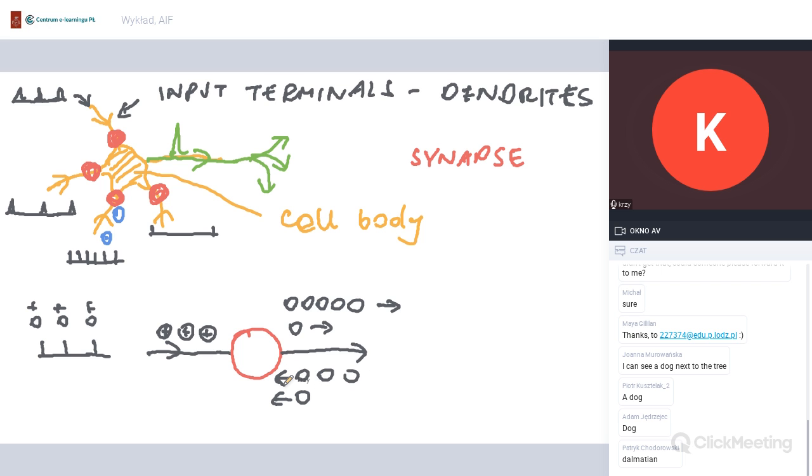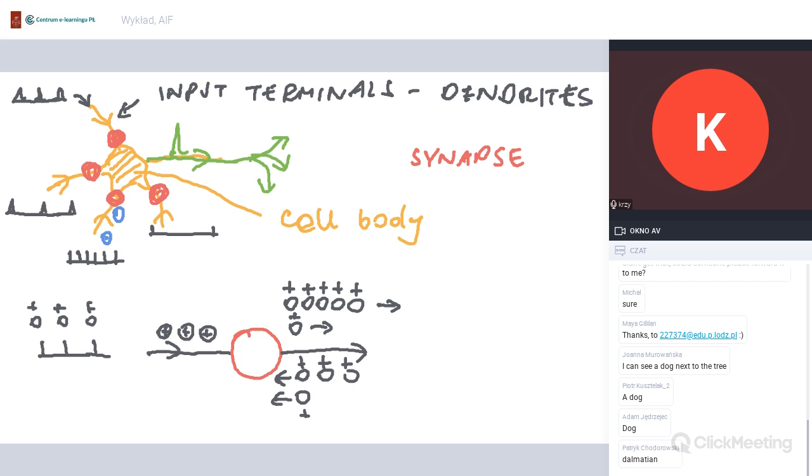So it can either pass these positive ions in a different amount to the cell body, or it can take away these positive ions, or alternatively insert negative ions. So we have 2 different kinds of synapses.